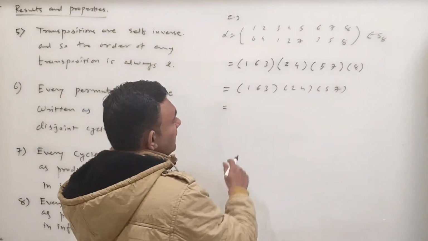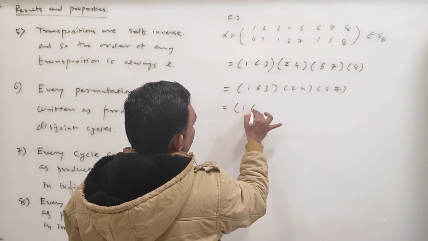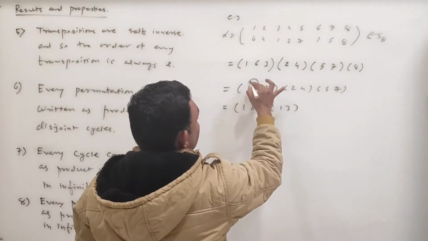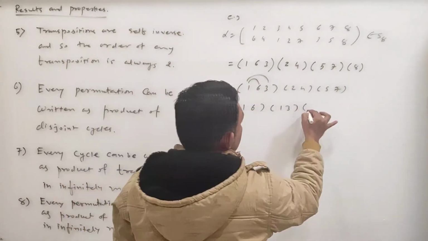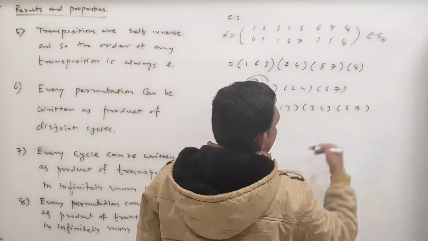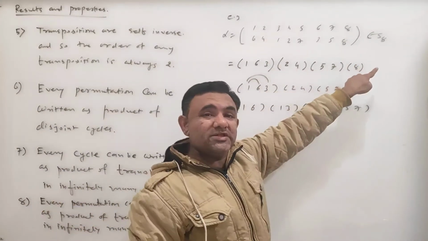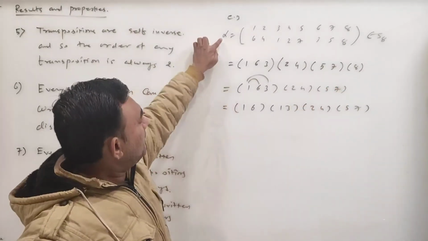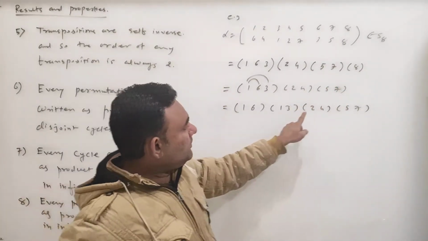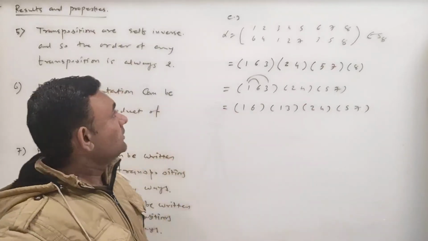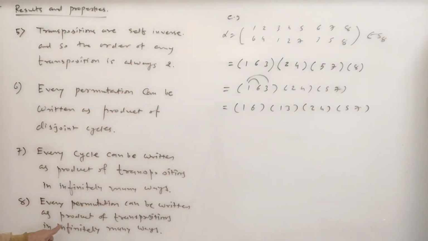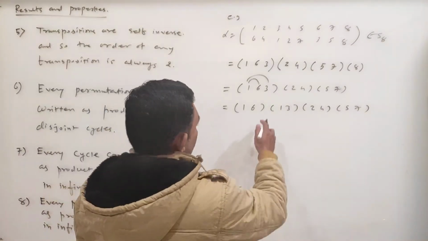Now (1 6 3) can be written as (1 6)(1 3), and this (2 4)(5 7). तो क्या हुआ? Alpha is a product of disjoint cycles, and here alpha is a product of transpositions. So every permutation can be written as a product of transpositions in infinitely many ways.